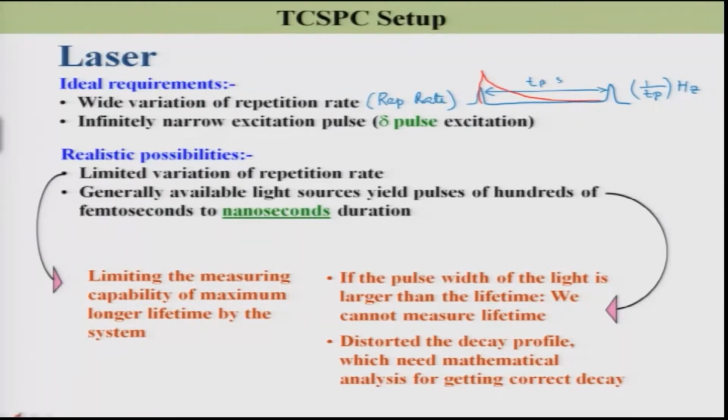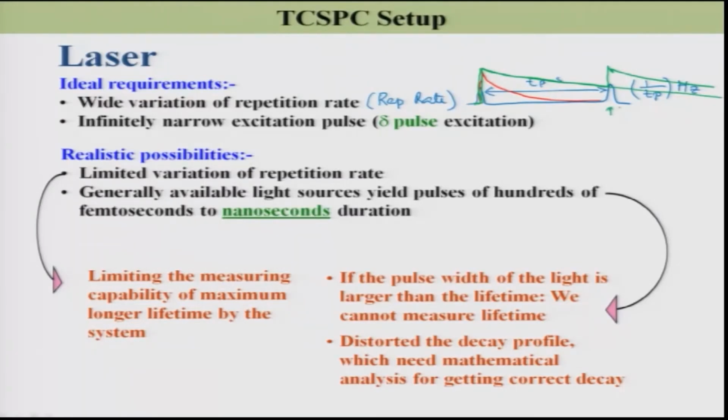However, if the decay is longer and slower, and the repetition rate is again 1 over Tp hertz, then while it is decaying another pulse will come. It will again excite the molecule to the excited state and it will start decaying, so the decay pattern will be very much distorted by the presence of this pulse.